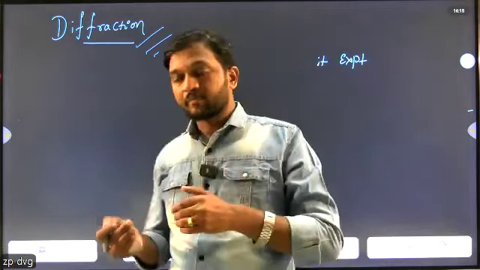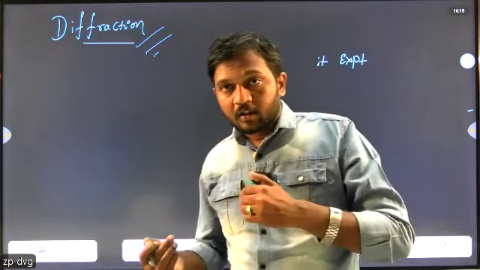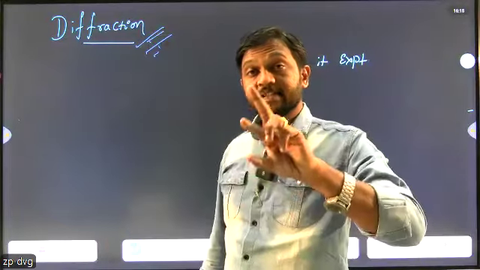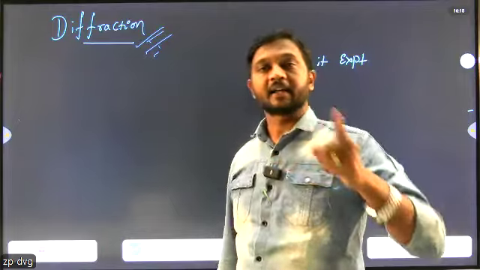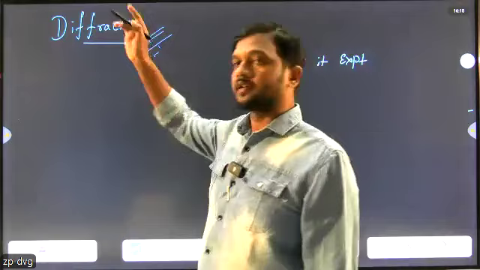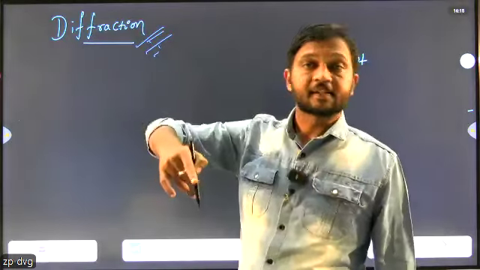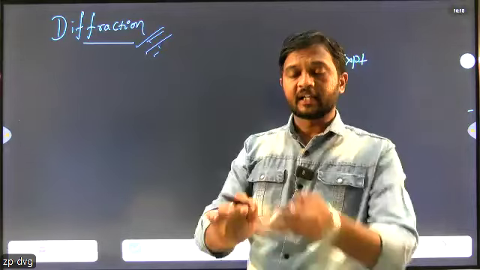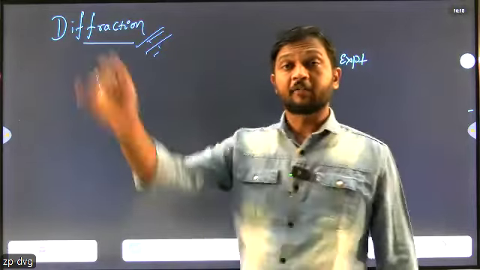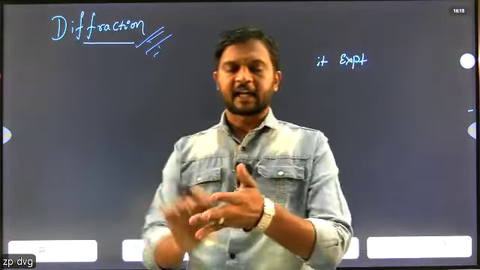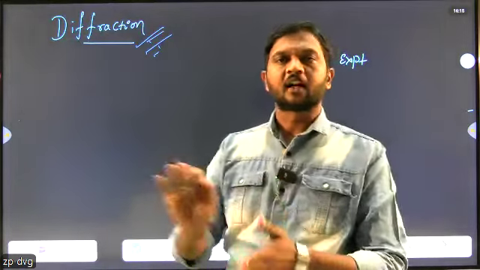Now I hope all of you are clear that light behaves as both particle and wave. The phenomena that explain the wave nature of light are interference, diffraction, and polarization. The phenomena that explain the particle nature of light are scattering of light, the photoelectric effect, and the Compton effect.